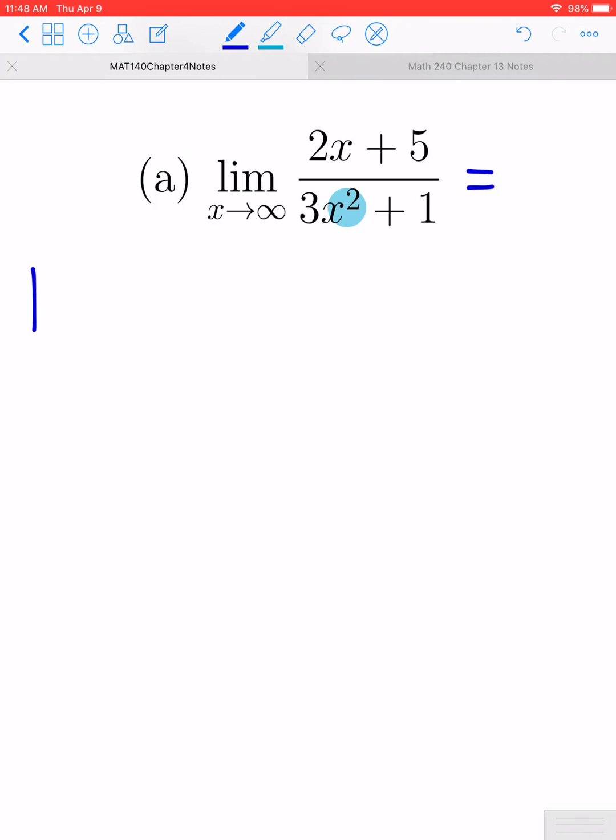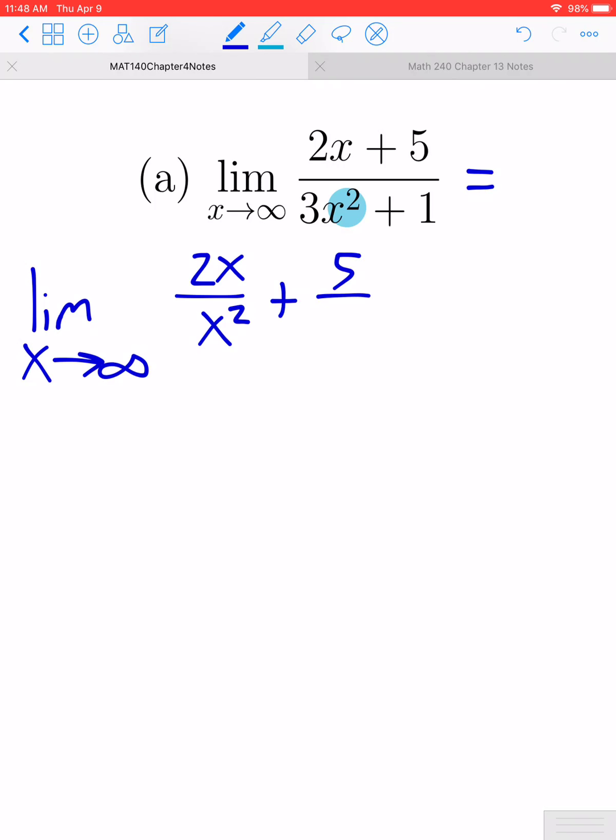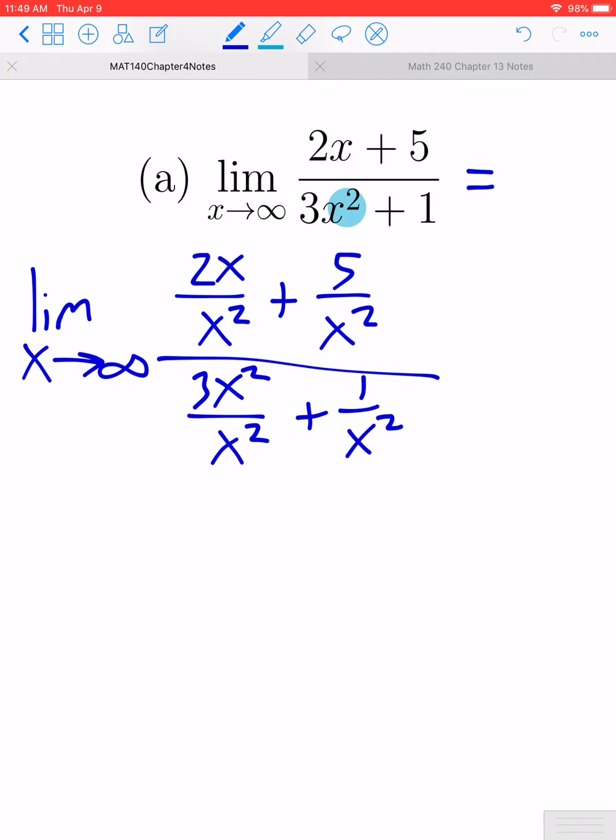So we're going to rewrite this by dividing every single term by x squared. We have 2x divided by x squared plus 5 divided by x squared, all divided by 3x divided by x squared plus 1 divided by x squared.